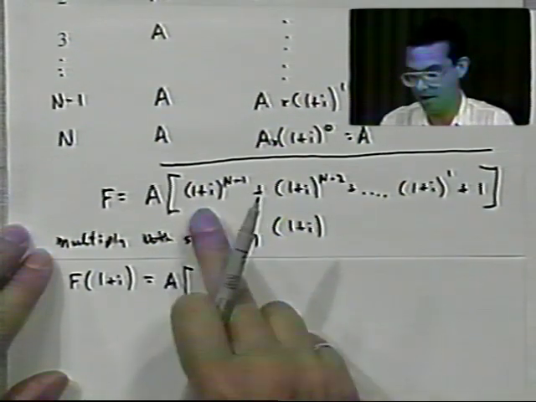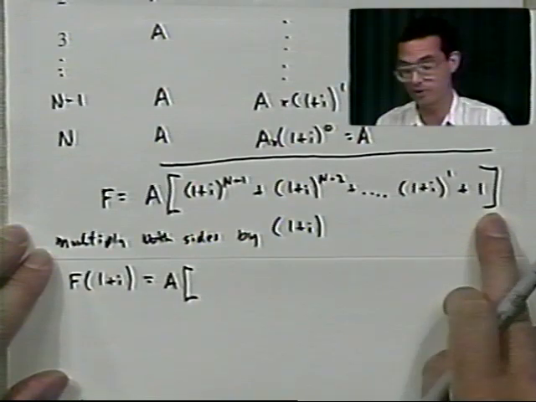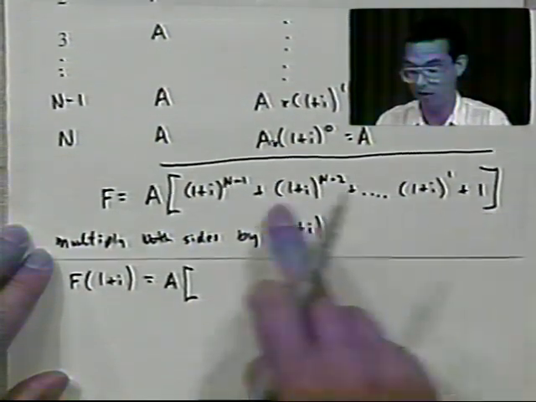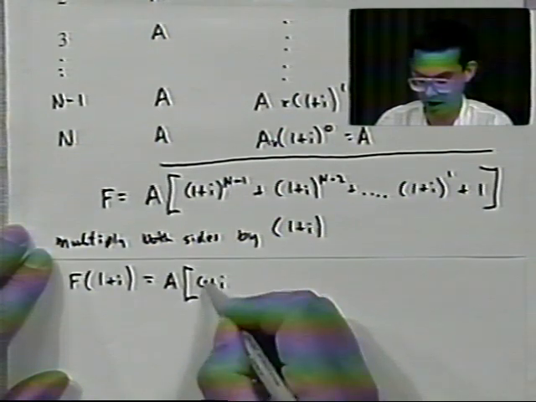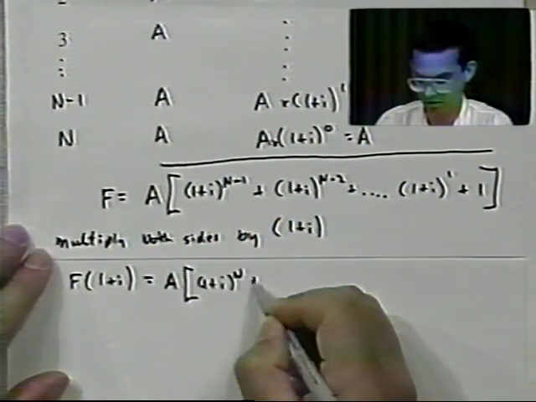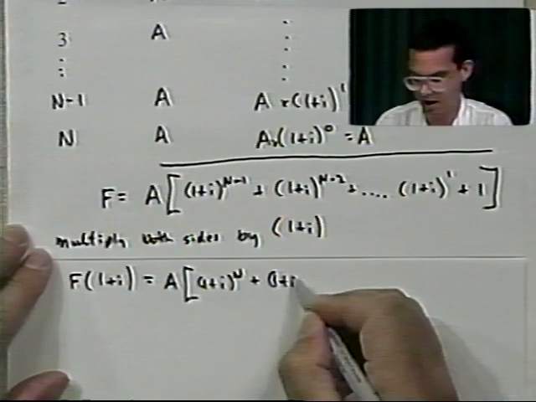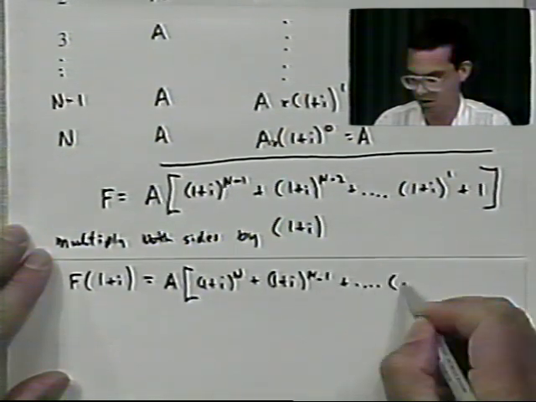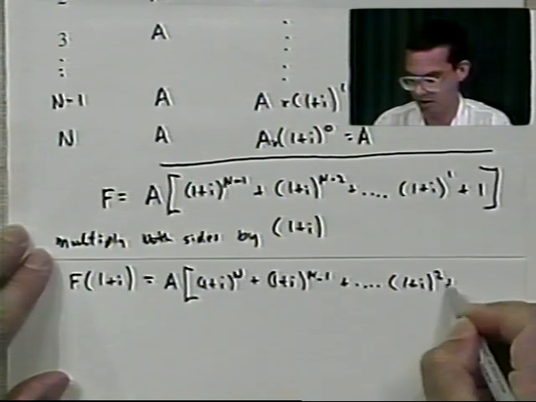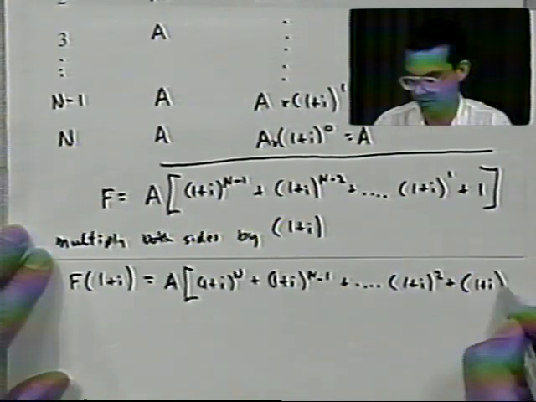That 1 plus i can move through all the elements of this long expression and simply raise the exponent by 1. So that's then (1 plus i) to the n plus (1 plus i) to the n minus 1 plus dot dot dot (1 plus i) squared plus (1 plus i).